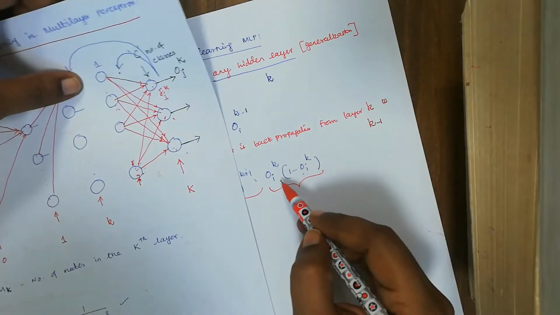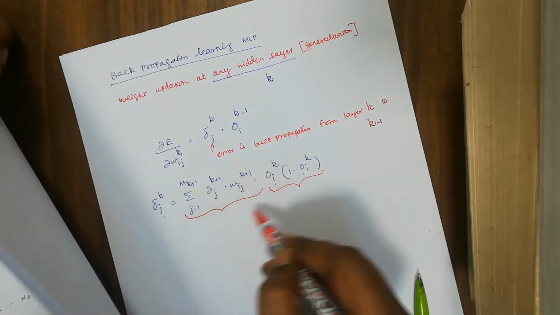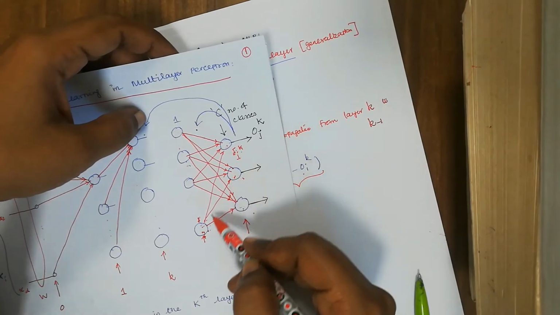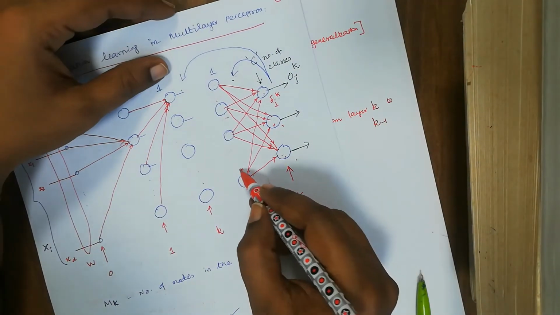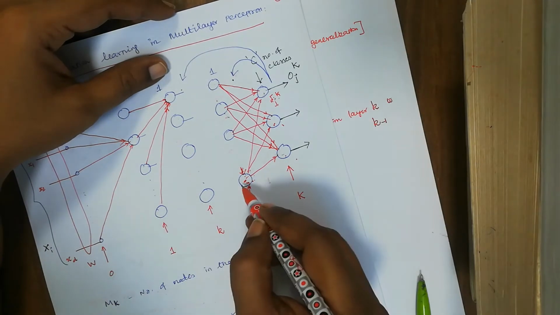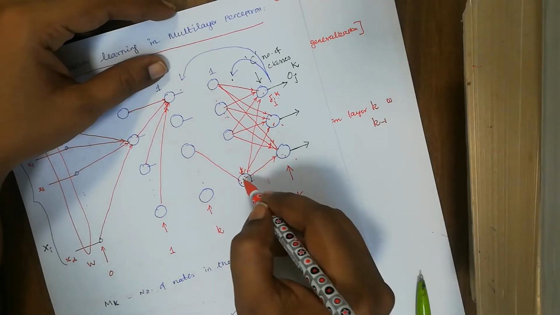This is the ith node. The local derivative of the sigmoidal function takes this form, which is oik times 1 minus oik. So we are summing up the error obtained from the next layer, multiplying it by its local derivative, and then passing it to any node.